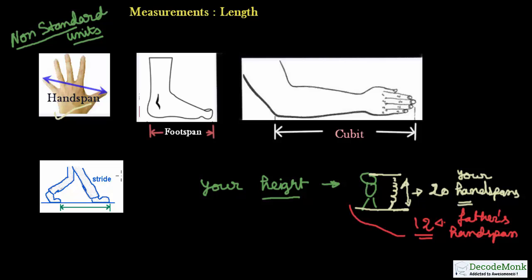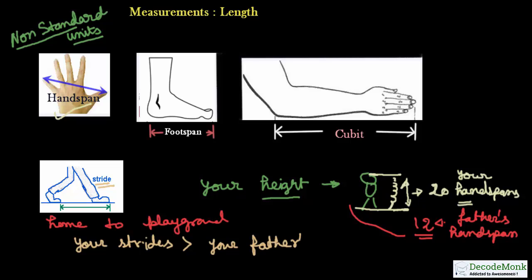Similarly, if you measure the distance from your home to the nearest playground using your stride, counting the number of strides you take, your number of strides will be greater than your father's or your teacher's, because they may be taller and therefore their strides will be bigger.